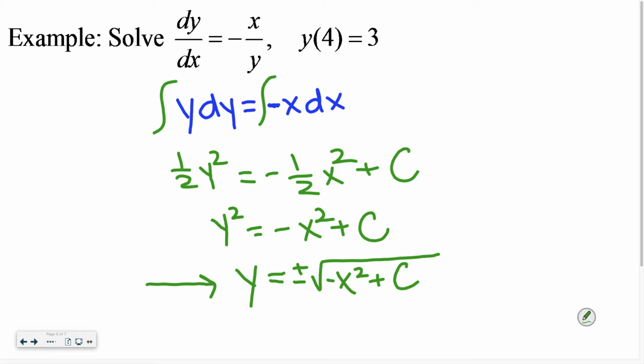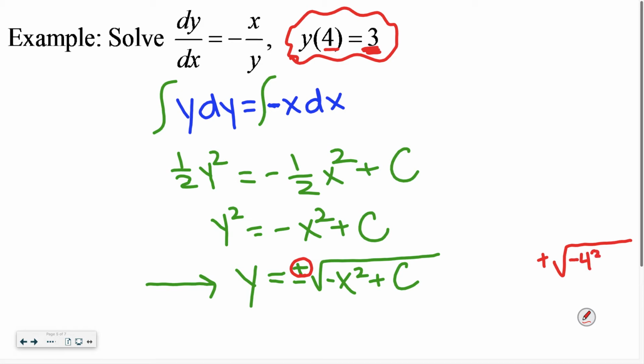Positive. So since our particular solution involves the coordinate for positive 3, I'm going to choose the positive radical here when I plug in 4 for x and 3 for y, because we want a positive y value as an outcome.